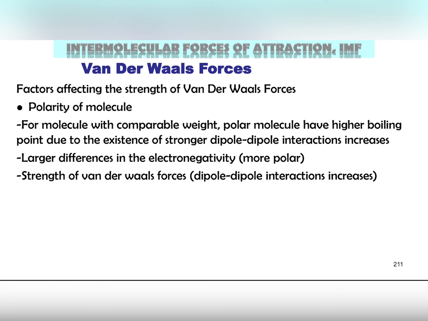So untuk factor polarity ni, normally dia akan bagi example two molecule with almost similar ataupun comparable weight, maksudnya tak lari jauh sangat dia punya molar mass. And let's say normally dia akan bagi non-polar and also polar molecule lah, lagi satu untuk kamu compare.